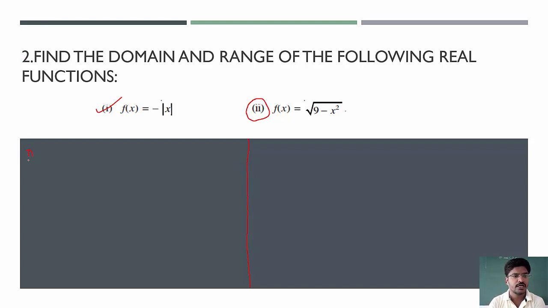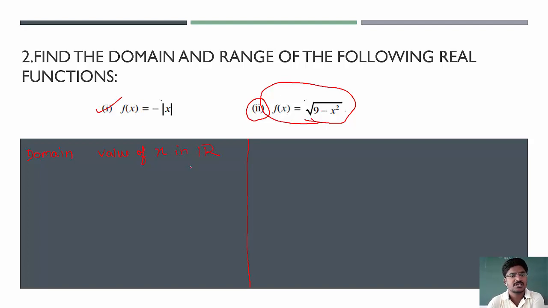First we have to find the domain of square root of 9 minus x square. To find the domain, we have to find the values of x for which f of x is defined, that means we have to find the value of x in real numbers.